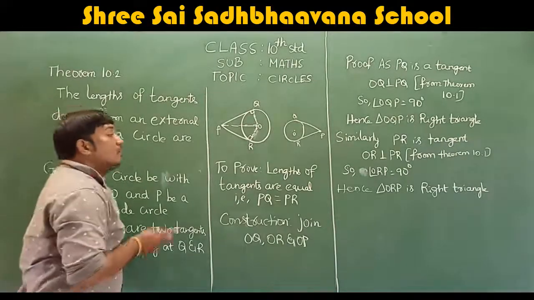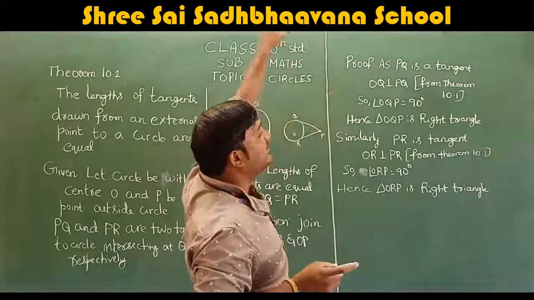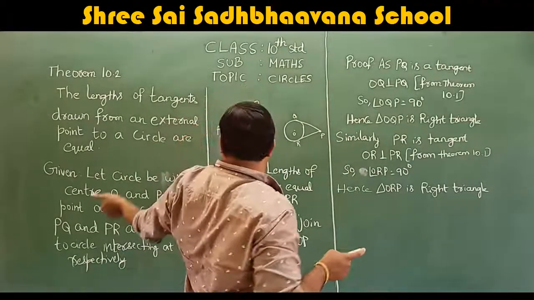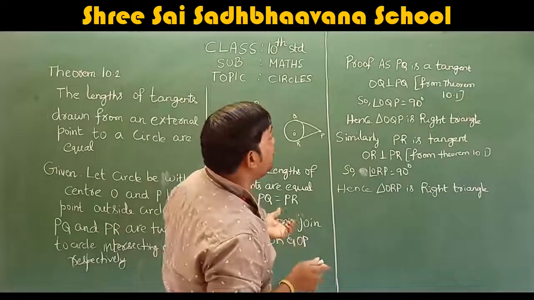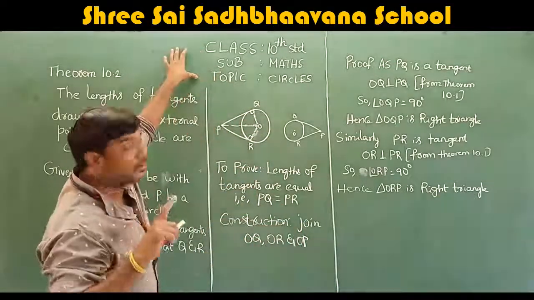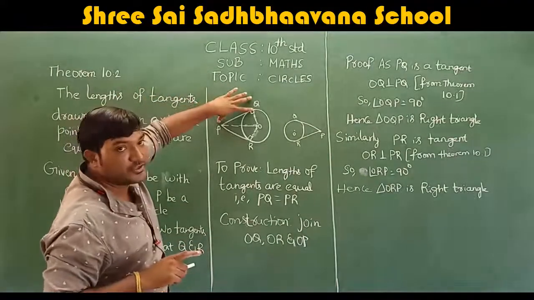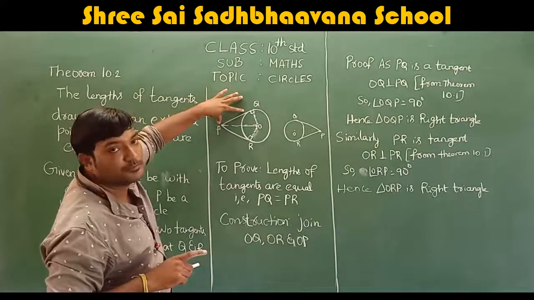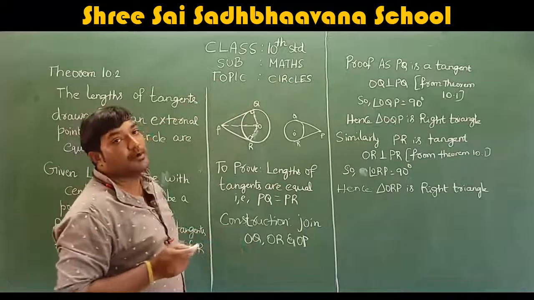So what is the proof? First thing in the proof, as PQ is a tangent, correct? As we assume PQ is a tangent, in the given it is clearly written that PQ is a tangent. If PQ is a tangent, from theorem 10.1, the last theorem we discussed, OQ should be perpendicular to PQ. You don't need to write anything, just write from theorem 10.1.